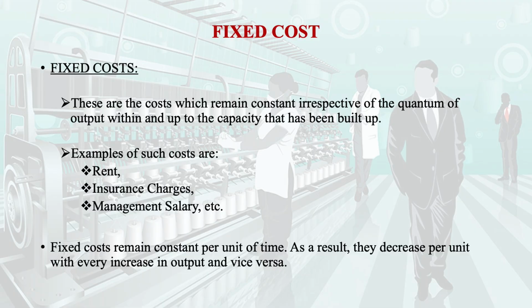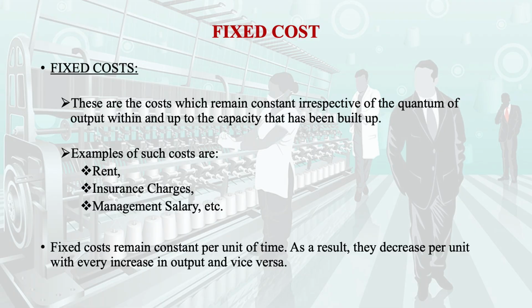Fixed costs are the costs which remain constant irrespective of the quantity of output, within and up to the capacity that has been built up. Remember this term: irrespective of the quantum of output within and up to the capacity that has been built up. Examples of such costs are rent, insurance charges, management salary.